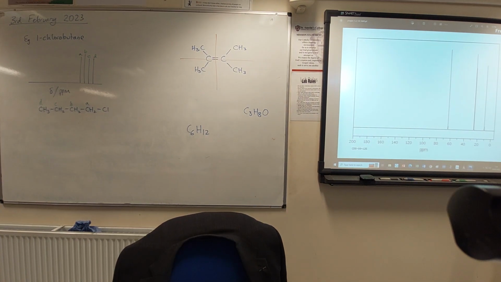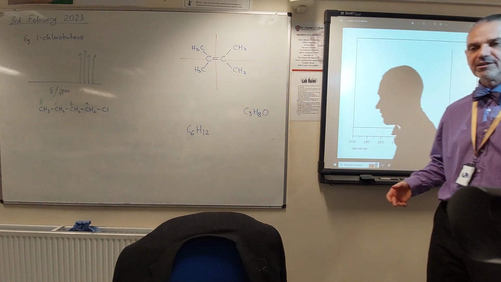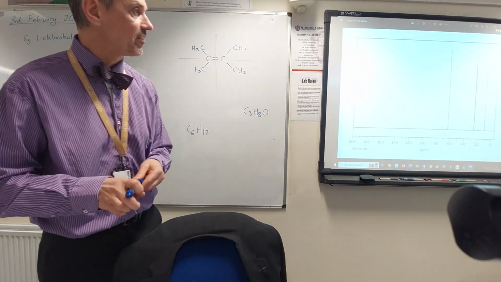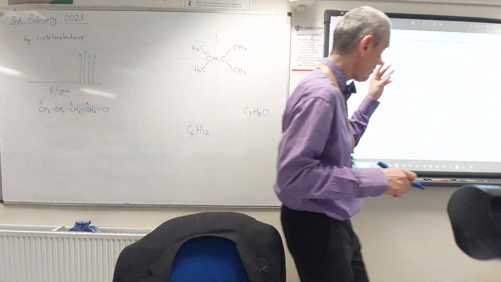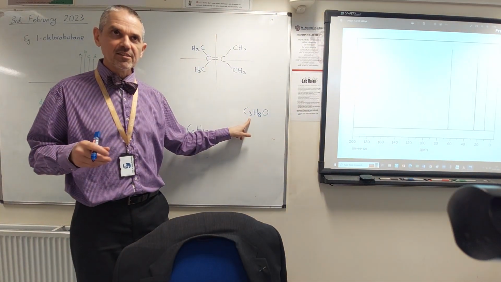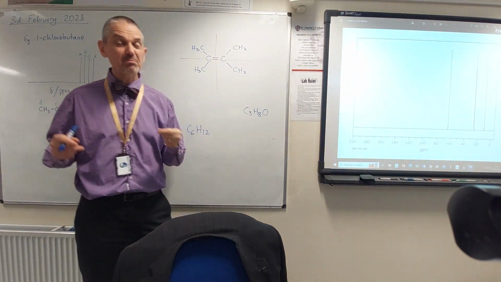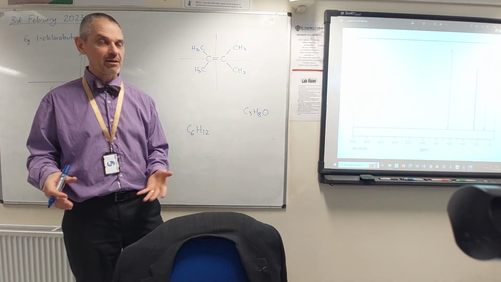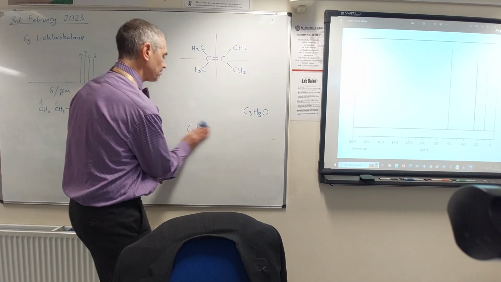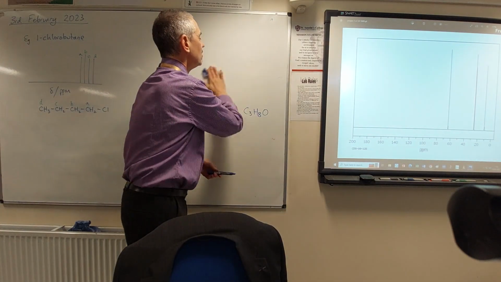So this is perhaps a little bit simpler, but I've put it on just to illustrate a very important point. And if you get this point, then you've really understood the first part of the lesson. We've got 3 peaks and we've got 3 carbons. So all of those carbons must be in different, unique chemical environments. Would anyone like to tell me what the structure is? Or the name of it?